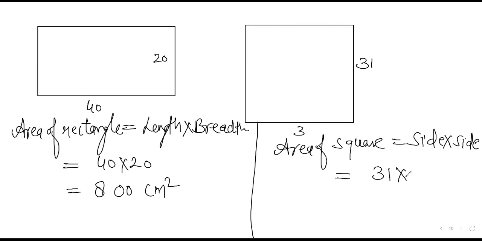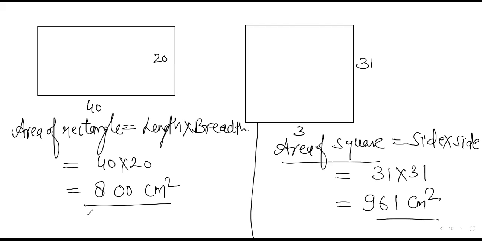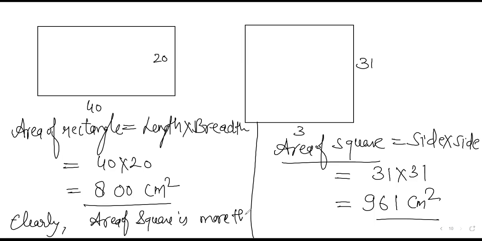Area of this one is 31 into 31, that will be 961 centimeters square, right? So it is clear from here that area of square is more than the area of rectangle. So this way question number 6 is solved.